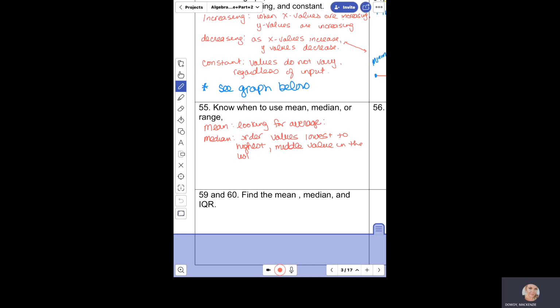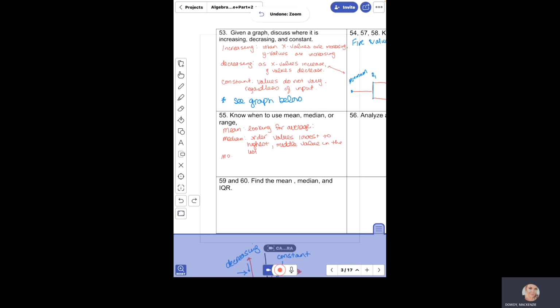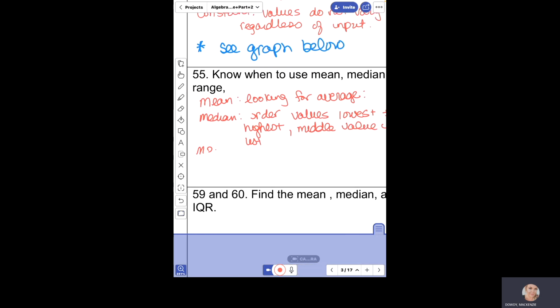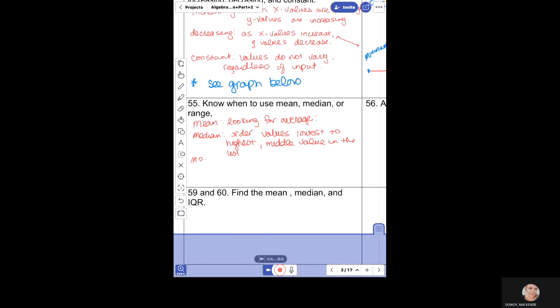IQR, oh, remember mode? I don't know why they don't have that listed on here, but let's do mode just in case. What in the world is going on here? Okay, let's try this again.